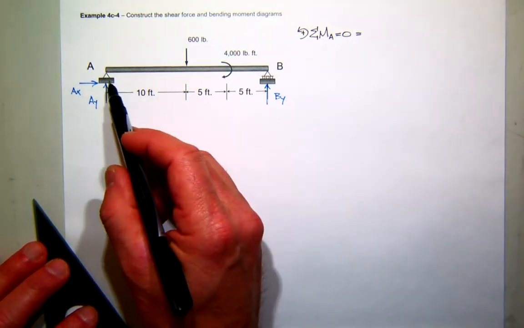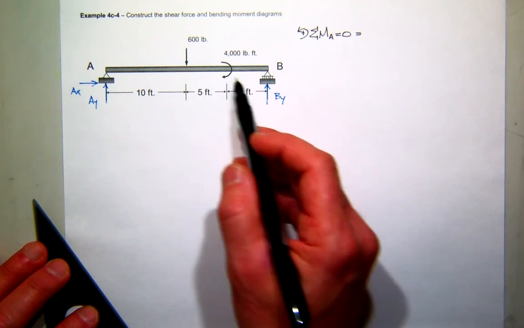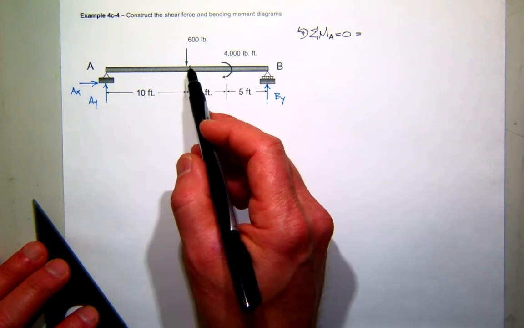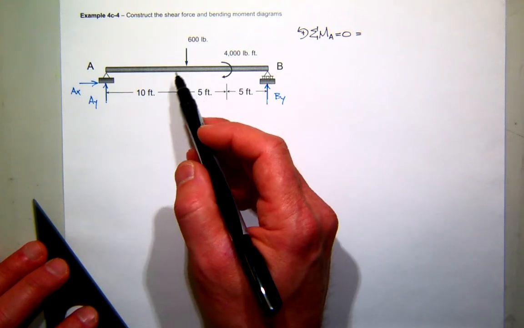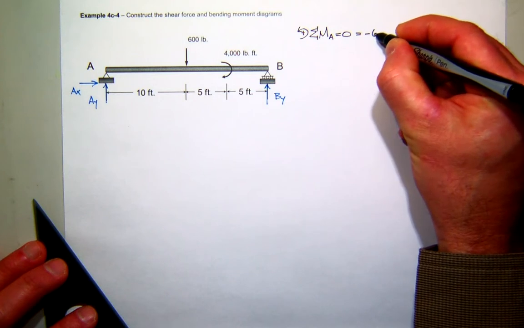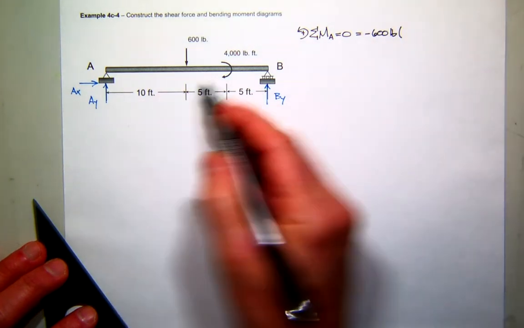So about A, I have a force, an applied moment, and a reaction. So what's the moment about A of this applied 600-pound force? Will it create positive or negative moment? Negative. So I'll have the 600-pound force, and its moment arm is 10 feet.